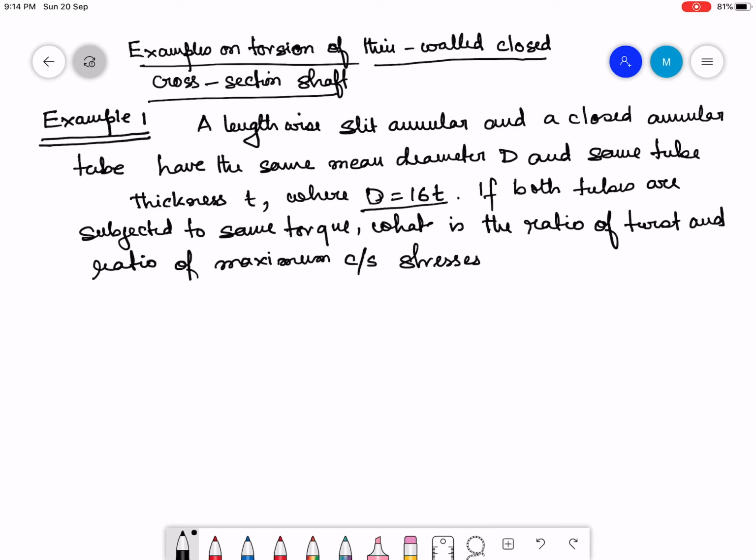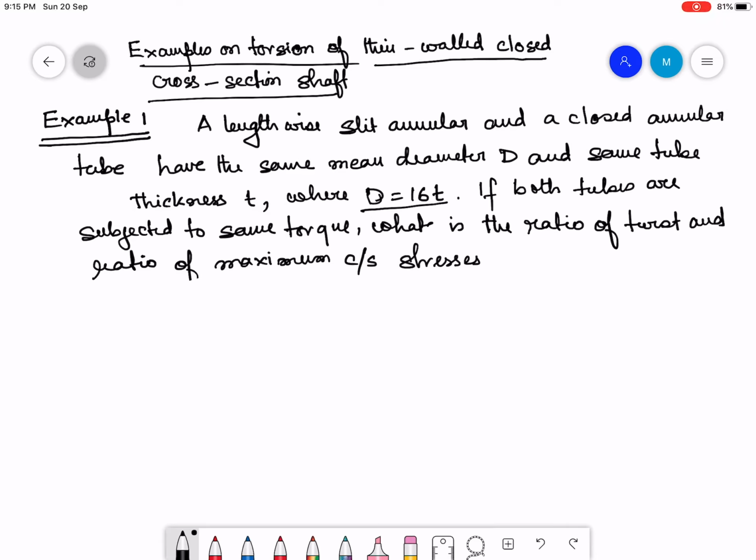Okay, and so we have to find out the ratio of the twist and the ratio of the maximum cross section shear stress. So let us start with finding out the maximum stress and the rate of angle of twist for the annular cross section with a slit, because that's the easier thing to do.